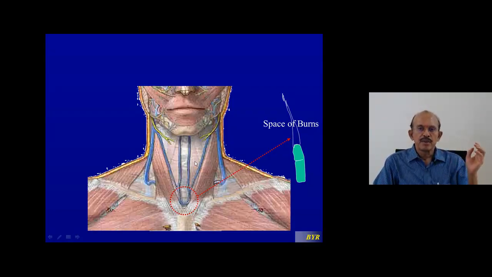Then one prevertebral layer, that means the fascia which passes in front of the prevertebral muscles. Then another one is the pretracheal fascia, the fascia which passes in front of the trachea. So these three are the parts of the fascia of the neck, also called the cervical fascia.